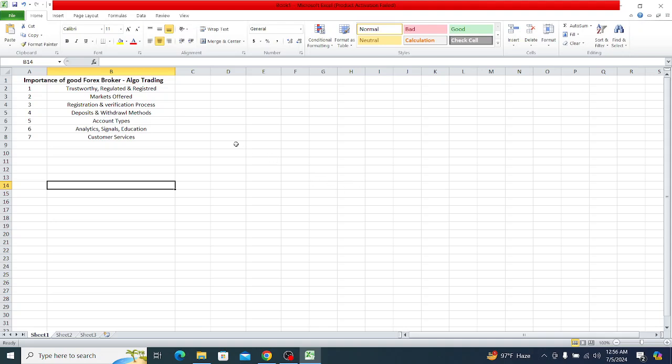In the next video, we will discuss something very important, which is the spreads and the swaps, which really affect our trading, not only algo trading but also manual trading. If we are doing manual trading, then the spreads and the swaps and the different account types, how they work, is very important.